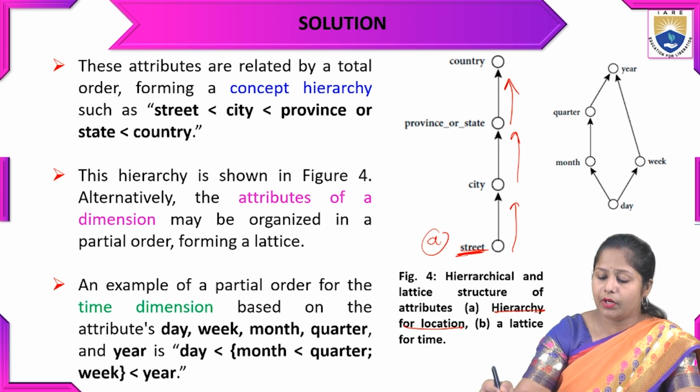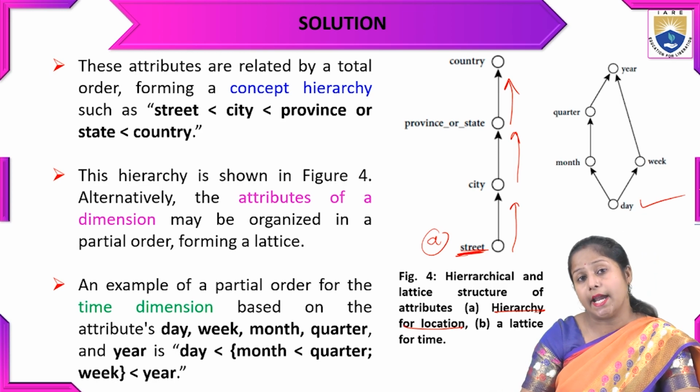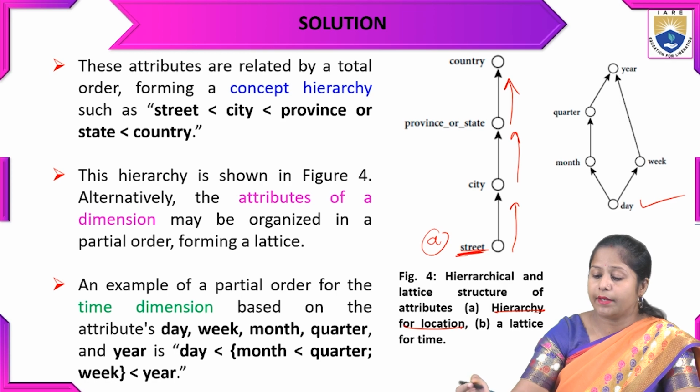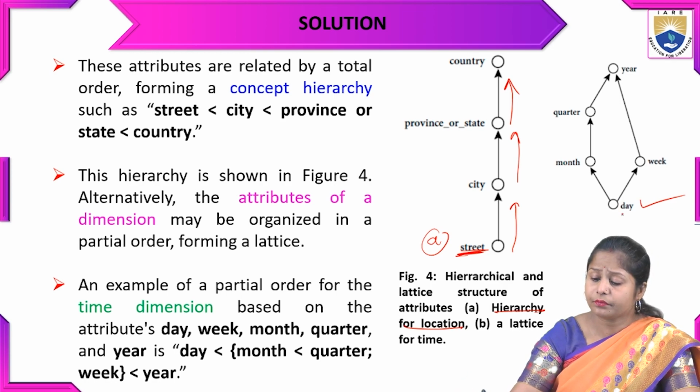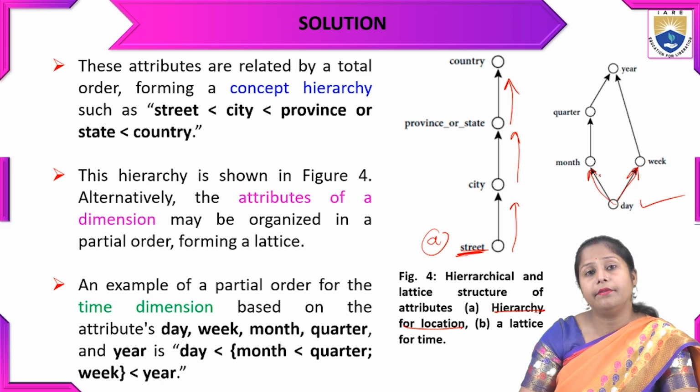Now if we want to see the lattice structure for the time dimension, it starts from the day. The day can go directly to month, or directly to week. Week is related to year in the end, but from day we can go to months.